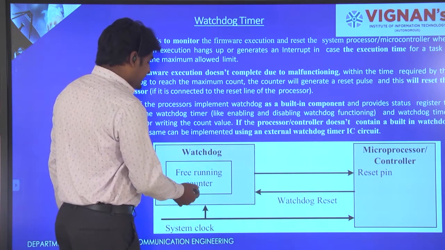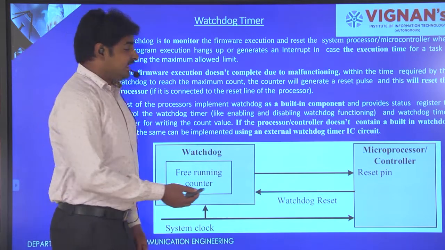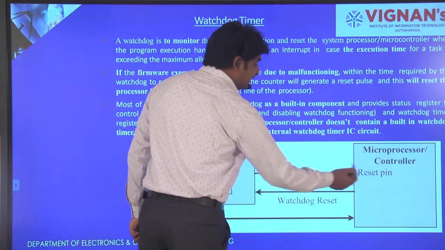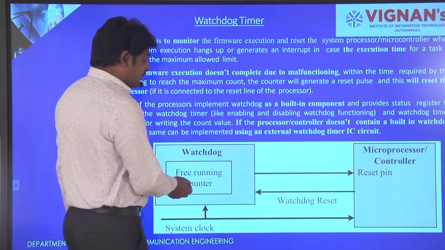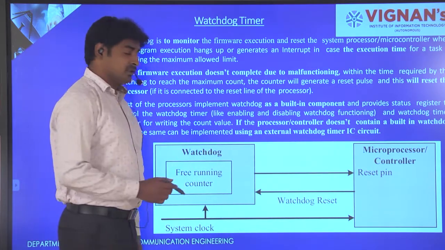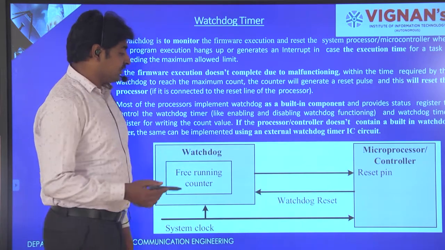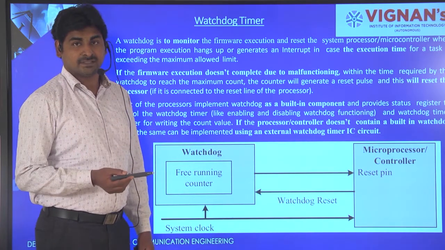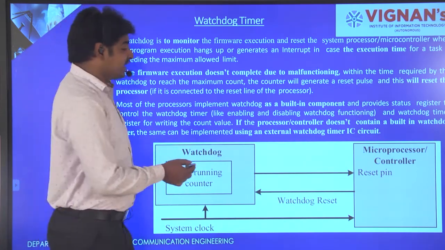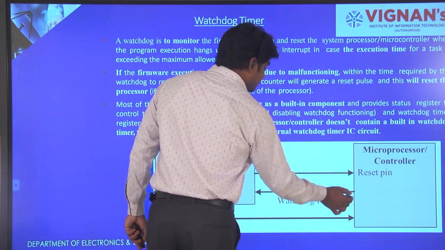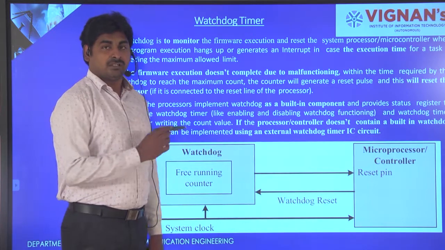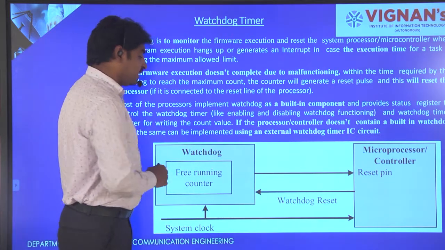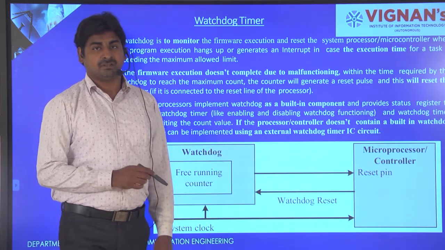Now here it consists of a counter. Each time a reset is given to the microprocessor, the free running counter present in the watchdog chip or watchdog circuit should get reset. It should go to its initial condition. So after reset, a watchdog reset is given to the free running counter of the watchdog chip, where the counter value is initialized to 0.